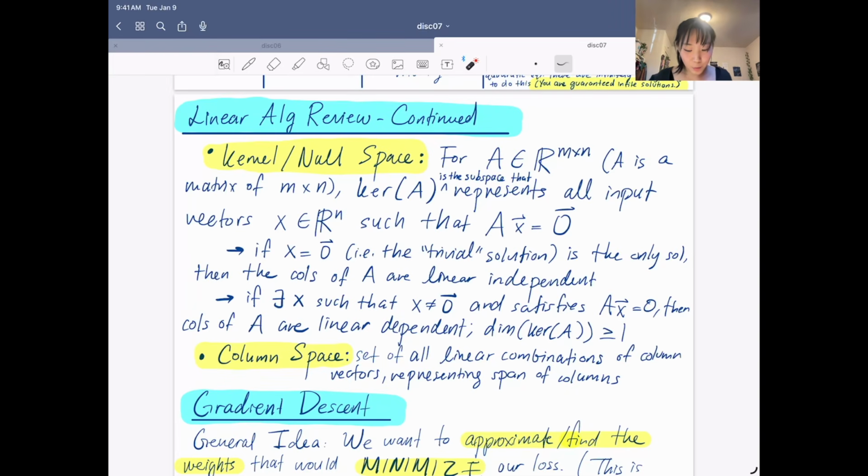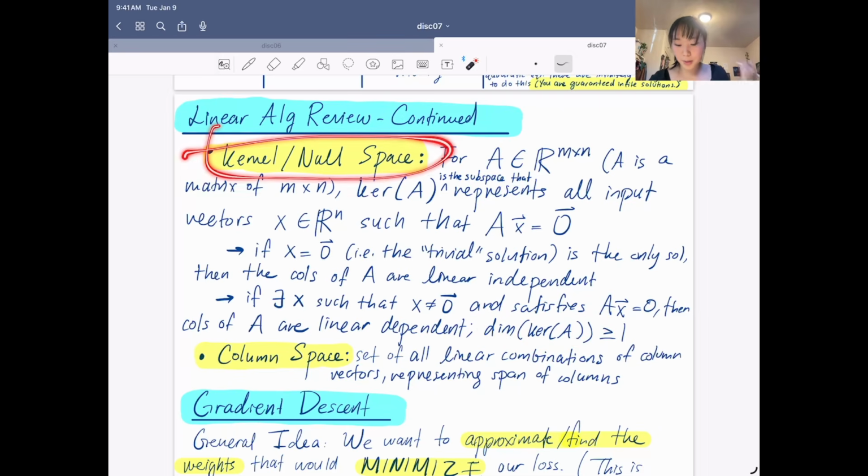Because if all the columns of A are linearly independent, then the only answer to Ax equal to 0 would be x equal to 0, and that has dimension 0. So if there exists a non-zero vector x that still gets mapped to the 0 vector, then the columns of A are linearly dependent and the dimension of the kernel space is greater than or equal to 1.